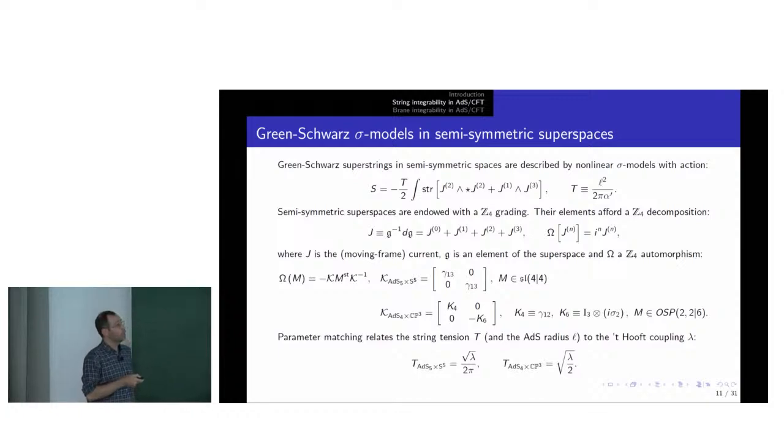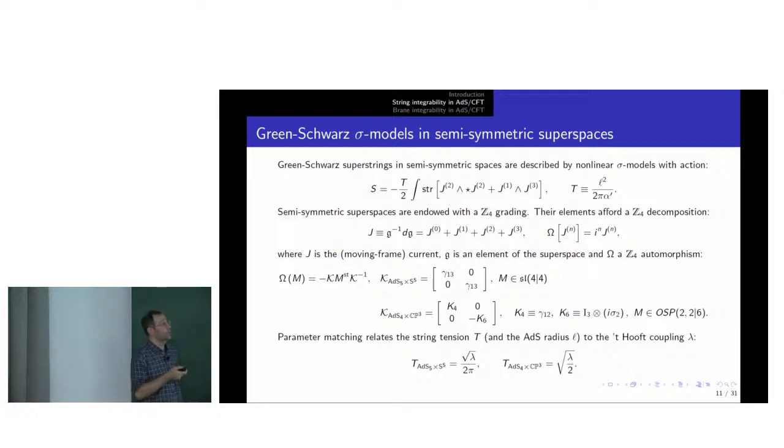And this omega pertains to the zero bosonic part of the subset of the supergroup. And this automorphism is the one that endows the supercoset with a Z4 structure. Symmetric spaces, on the other hand, are just bosonic spaces that afford the Z2 decomposition.